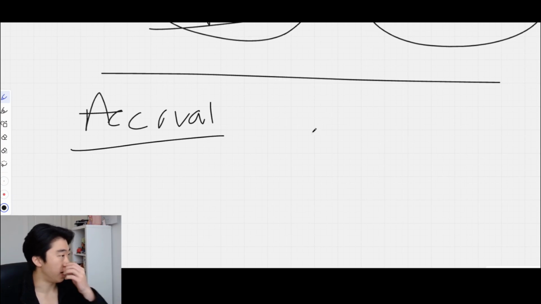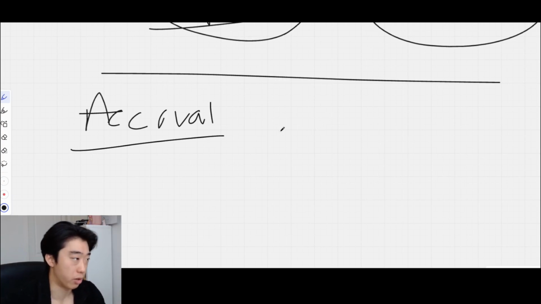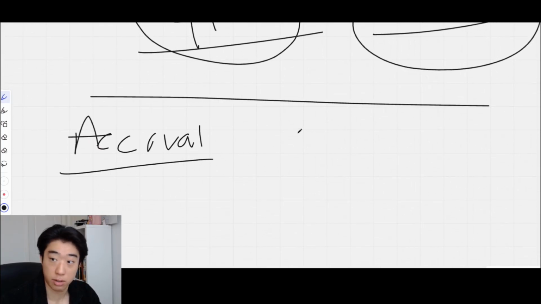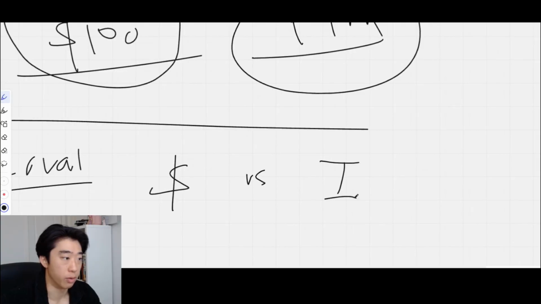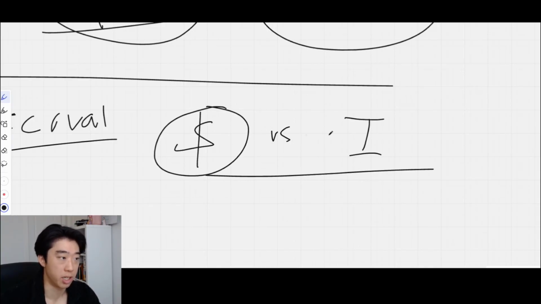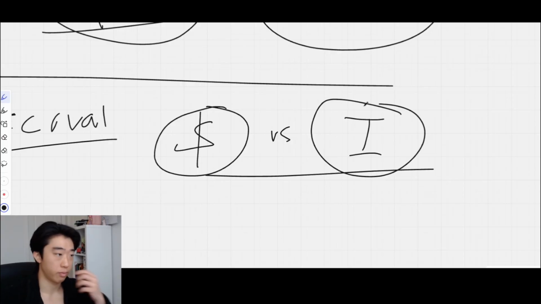Accrual accounting, basically the difference between accrual accounting and cash accounting is rather than recording by cash transactions, you're recording by invoices. Time of consumption or delivery, right? So you're recording not when the $100 comes in, but when the $100 is being used, right?